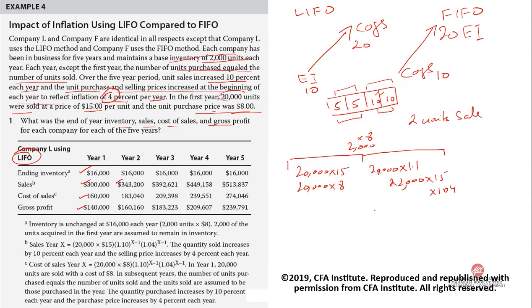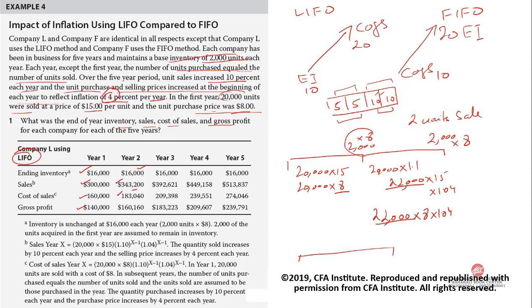Our cost of goods sold for 22,000 units would be 8 into 1.04, because initially the cost was 8 and this is also growing by 4%. So 22,000 multiplied by 8 into 1.04 equals $183,040, and your gross profit, if you subtract 183,040 from 343,200, you get 160,160. Because the amount we purchased was 22,000 and this is the amount we sold, we are left with again the ending inventory of 2,000 multiplied by 8, that is 16,000.